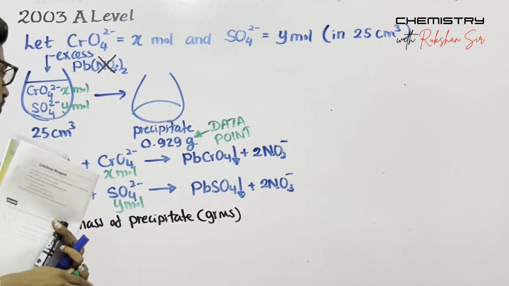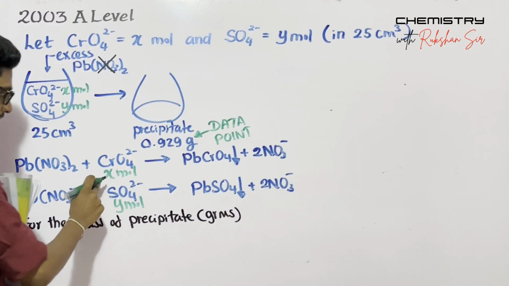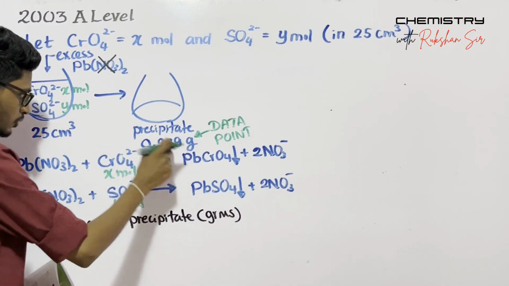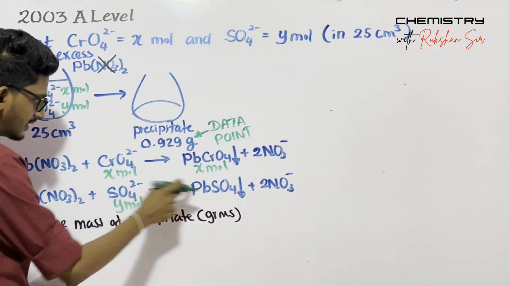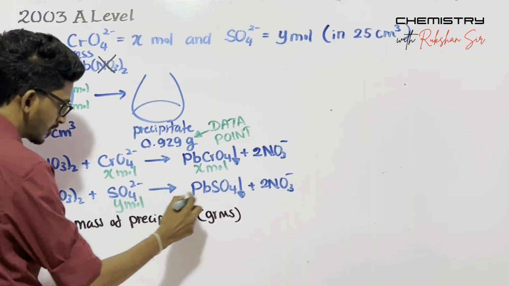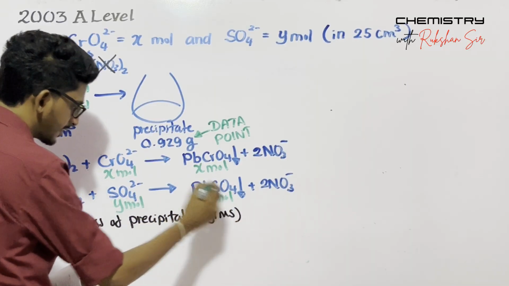If this is X moles, as these two are in 1:1 ratio, lead chromate is also X moles. If this is Y moles, as these two are in 1:1 ratio, lead sulfate is also Y moles.